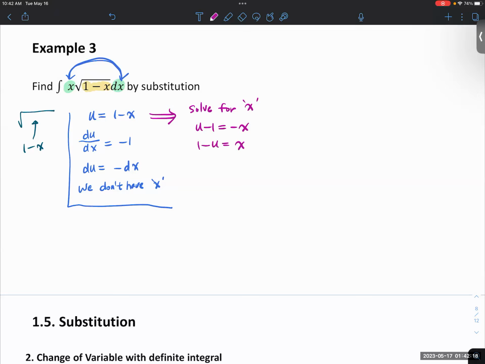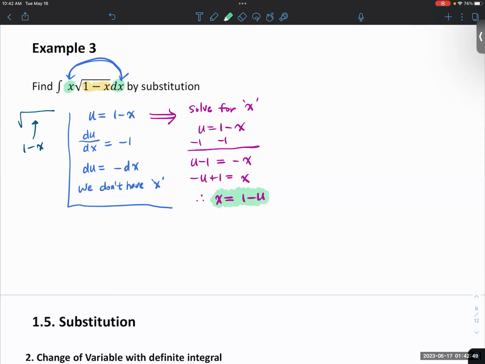So I'm just solving for x, right? So u equal to 1 minus x. You're gonna subtract 1 on both sides. U minus 1 equals negative x, divided by negative 1 everywhere, negative u plus 1 equals positive x. This means x equals 1 minus u. Okay, something I can do. X is 1 minus u.